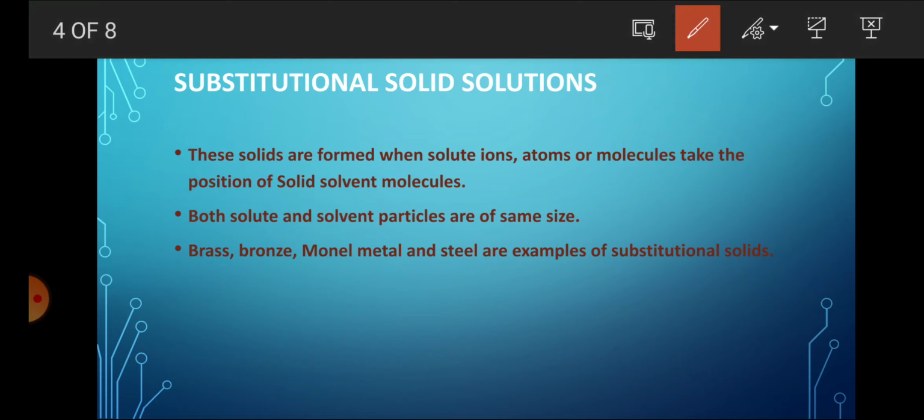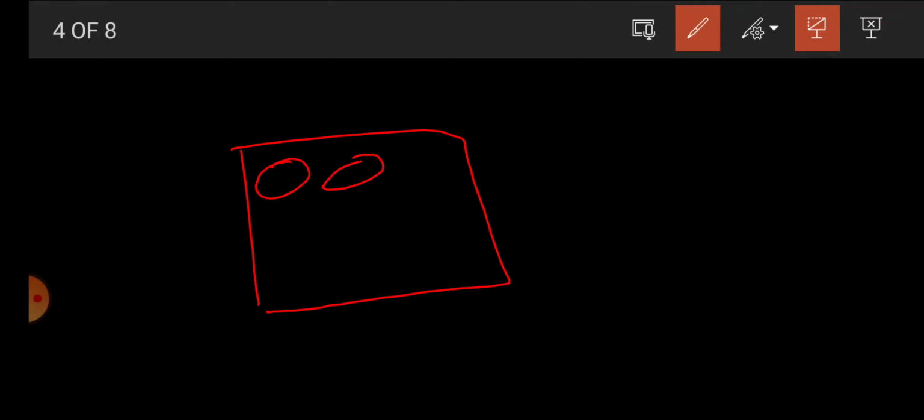Substitutional solids are formed when solute ions, atoms or molecules take the position of the solid solvent molecules which are present in the lattice sites. If you have a solid, there are lattice sites where the solvent molecules are present.